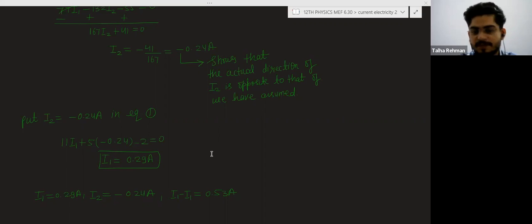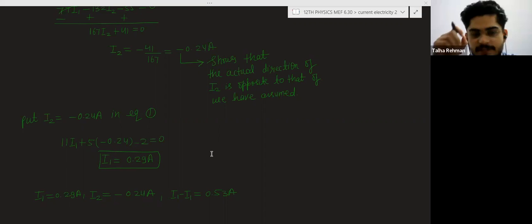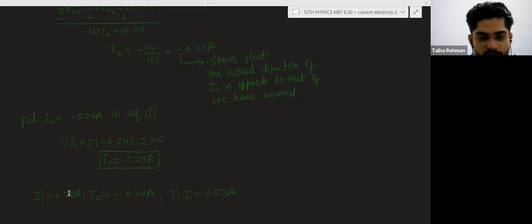When completed, please tell me. Yes, sir. So I1 is 0.29, right? Yeah, I1 is 0.29 ampere and I2 is minus 0.24 ampere. And when you do I1 minus I2, you will get 0.53 ampere.